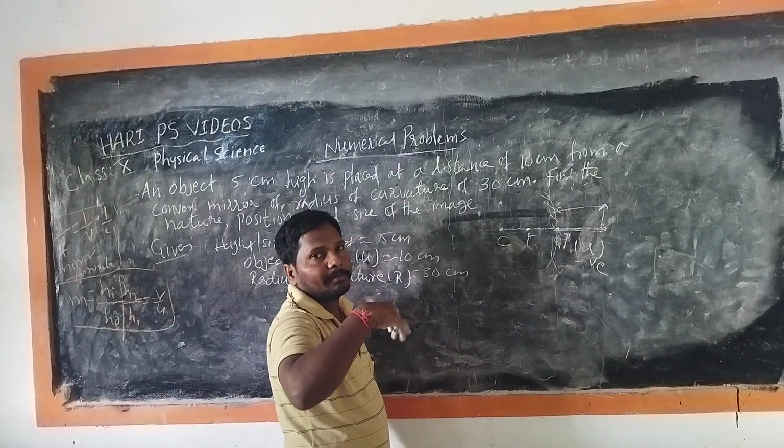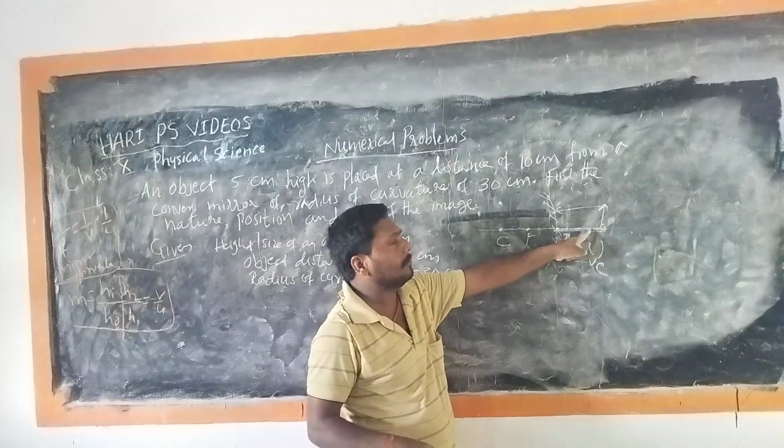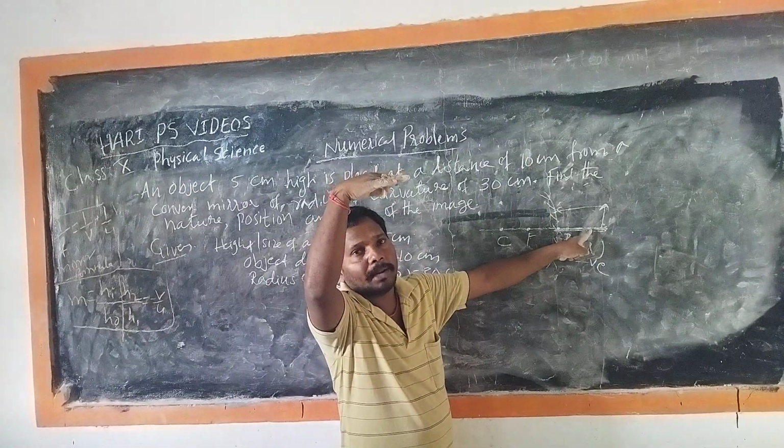The size or height of the object is positive because it is above the principal axis.